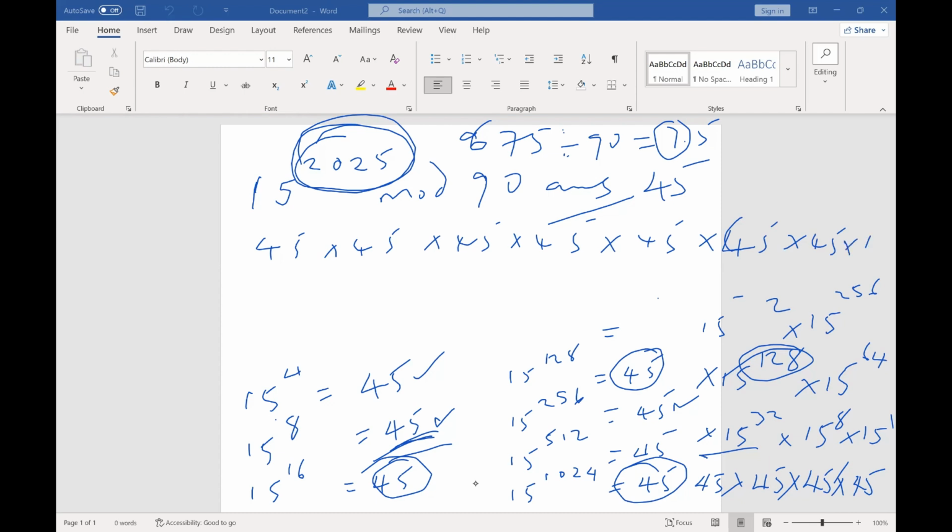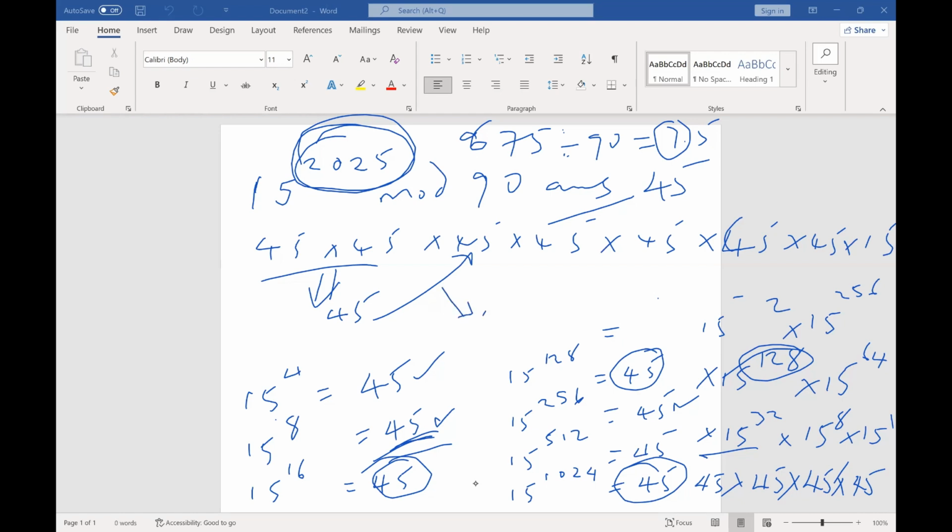Now multiply these 2. What do you get? 2025 mod 90. That gives you 45. So these 2 give you 45. Now this 45 times this 45 mod 90, another 45.